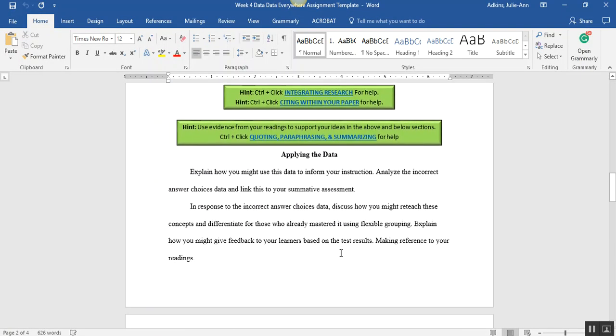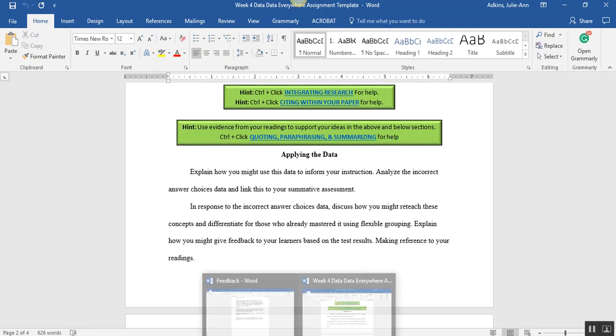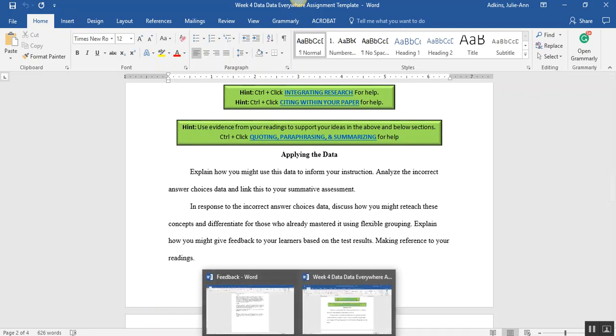Then applying the data. You're going to explain how you might use this data to inform your instruction. Analyze the incorrect answer choices data, and then link it to your summative assessment.